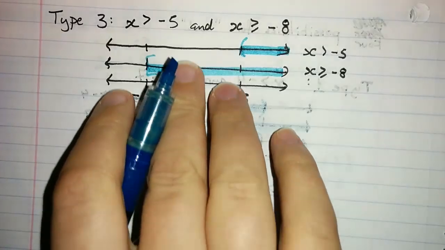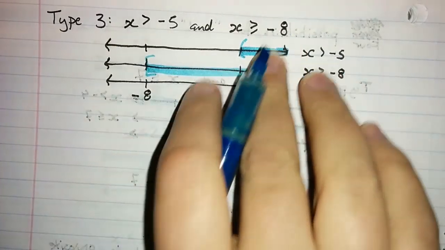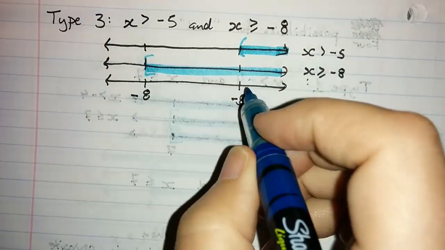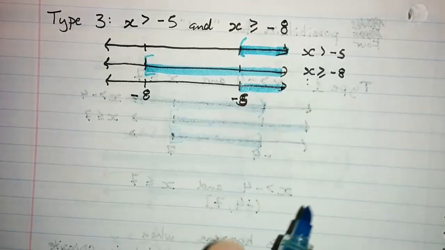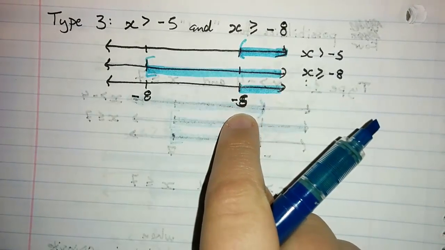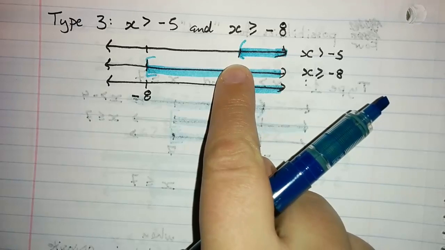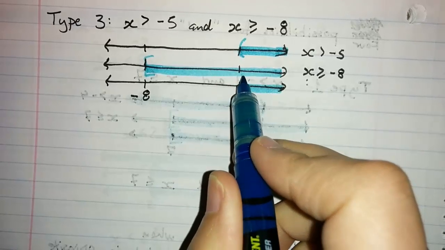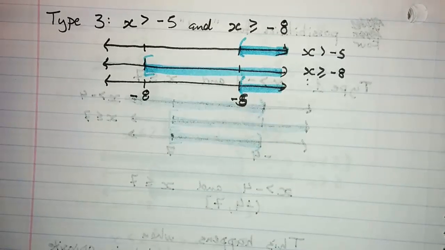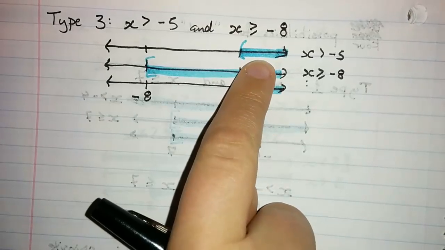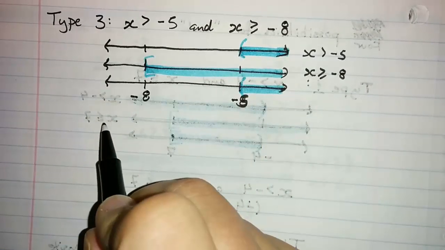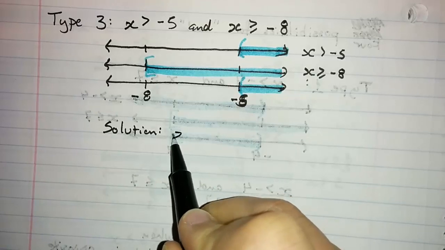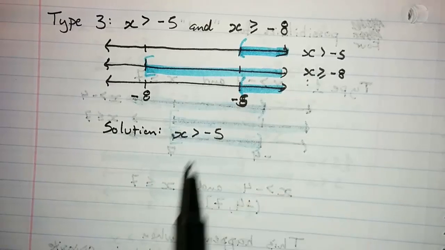Where do they overlap? Well, not here. Just over here. And this point -5, well, it's not on this graph, so it's not in the overlap. So this graph looks just like this graph. Our solution, we can just say x is greater than -5.